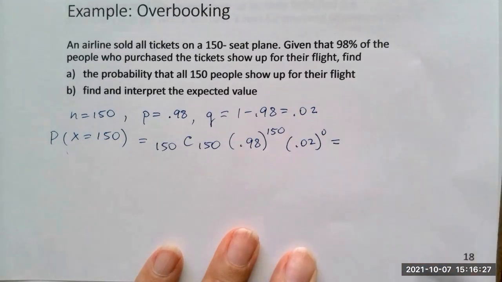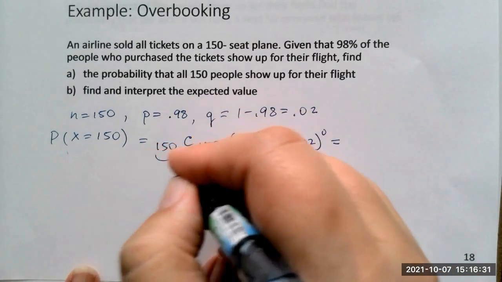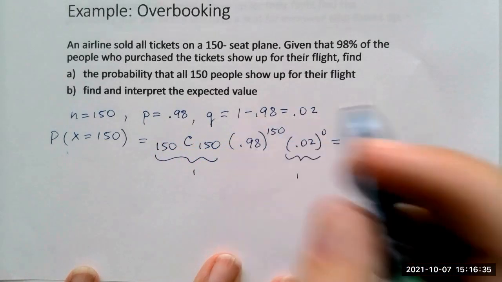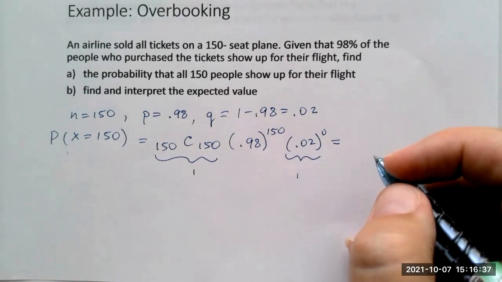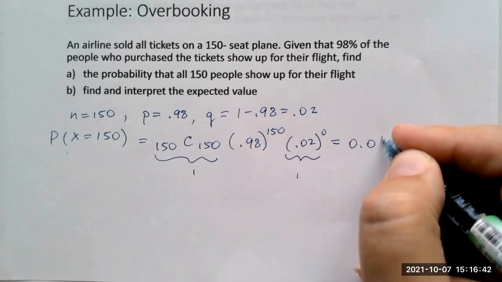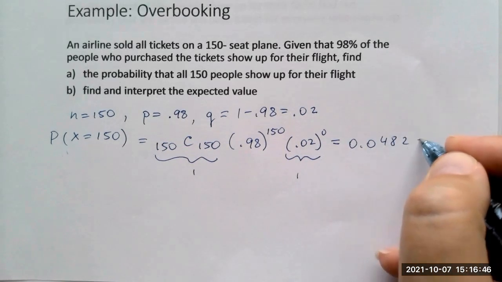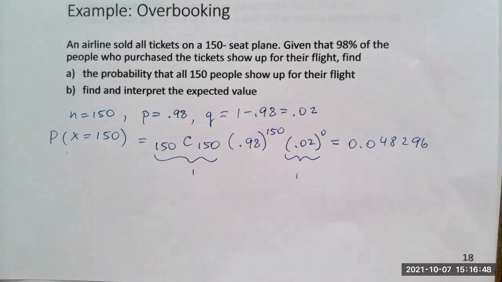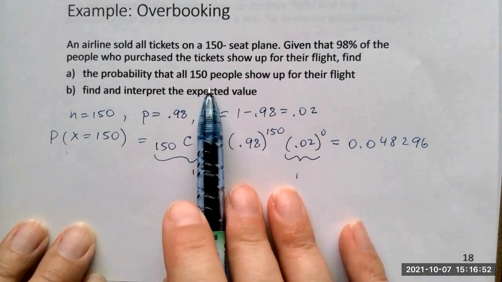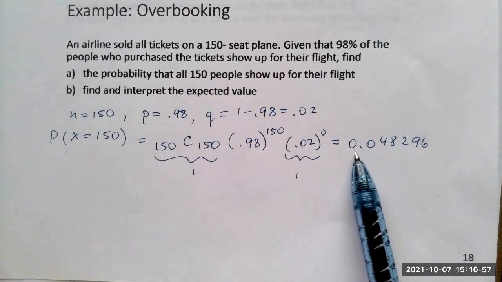Okay, so putting this in the calculator, well, this is 1. This is 1. So we only have 0.98 to power 150, and that gives us 0.048296.